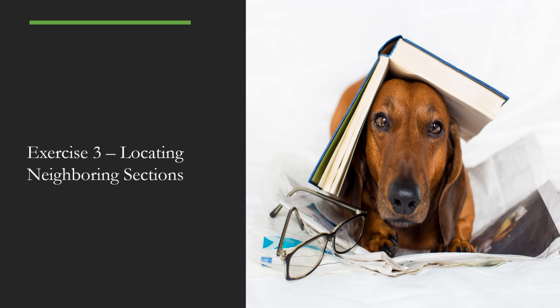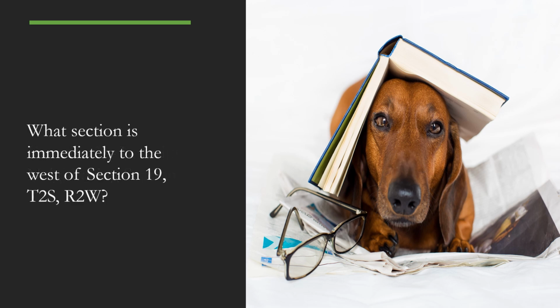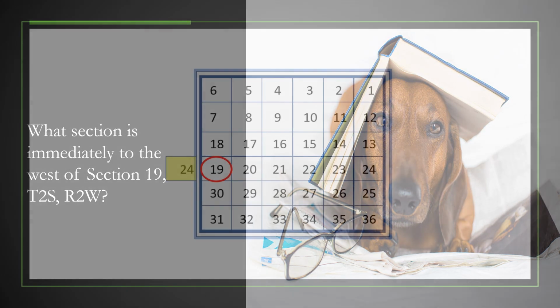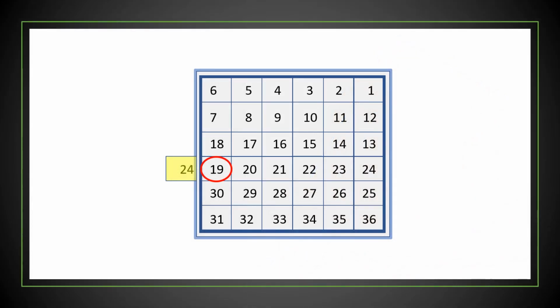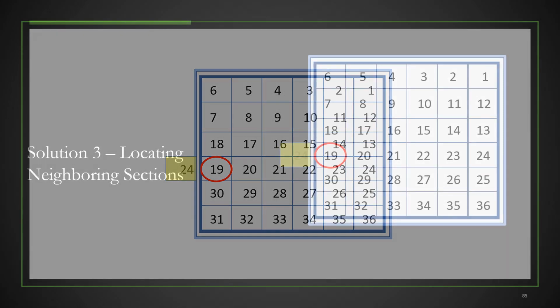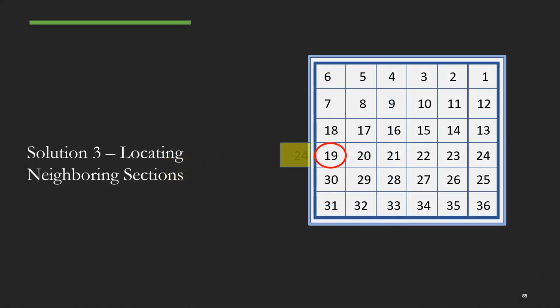Exercise 3 for locating neighboring sections. What section is immediately to the west of section 19 T2S R2W? Solution 3, locating neighboring sections.